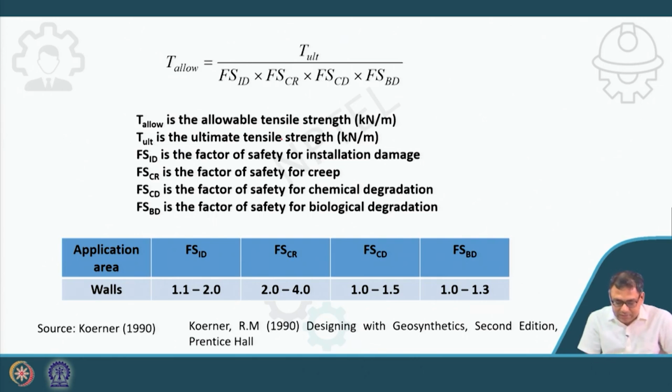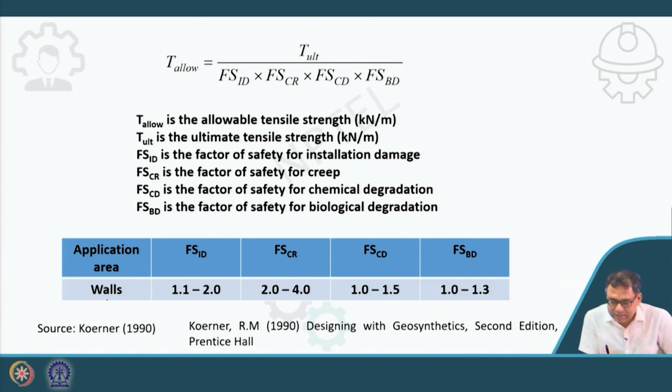Now, how will I get the factor of safety for installation damage, creep, chemical degradation, and biological degradation? This is the table from which we will get those values, and this is applicable for walls. These types of factors of safety are available for other structures also, like embankments, but it is for walls that I am giving only the factors of safety for installation damage, creep, chemical degradation and biological degradation.